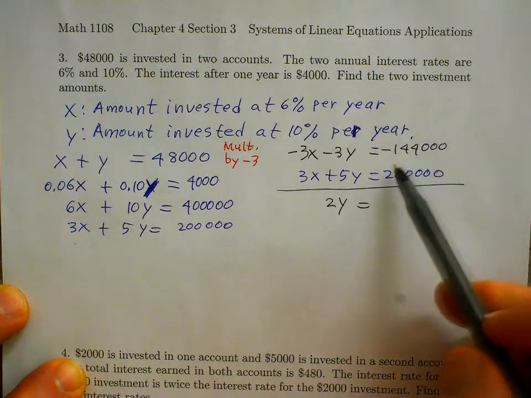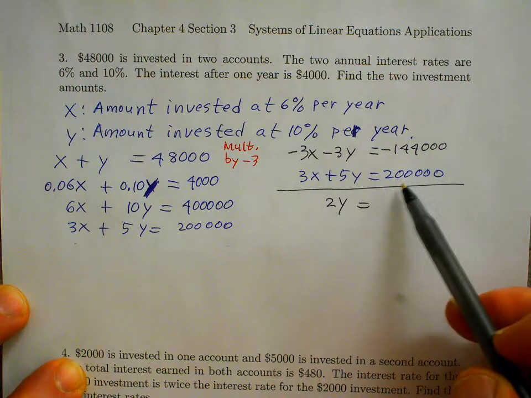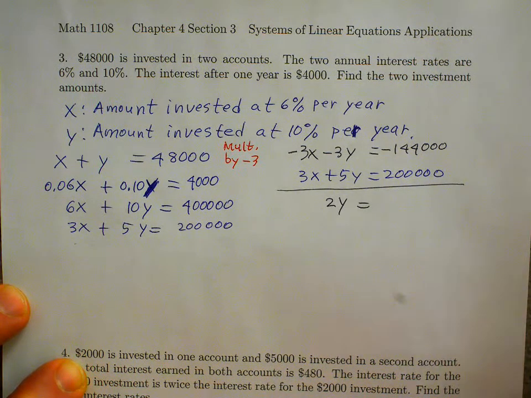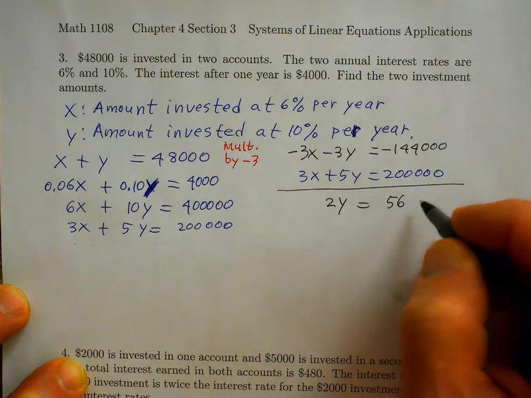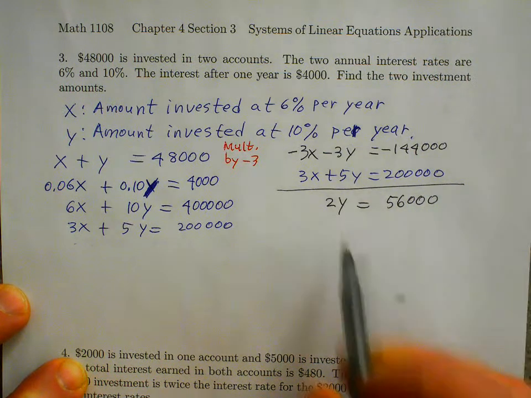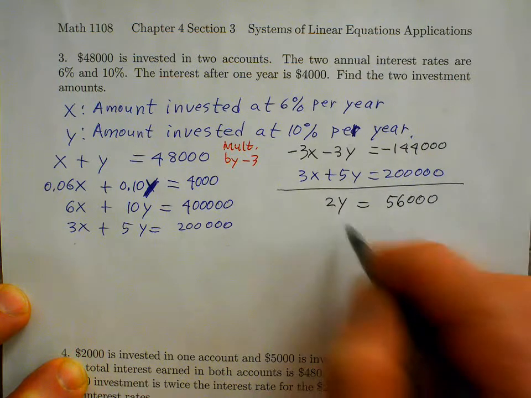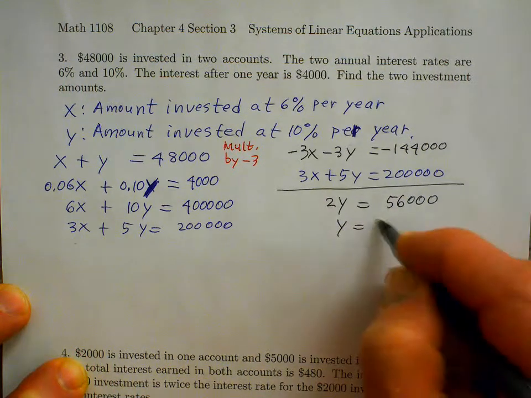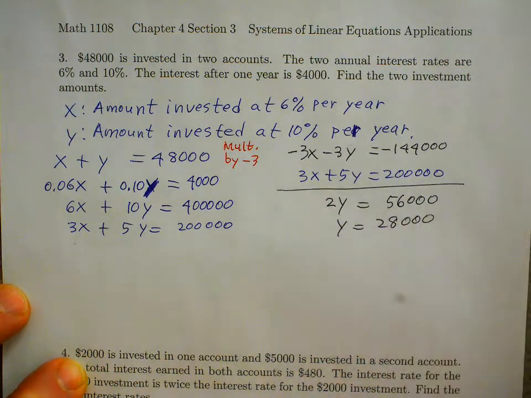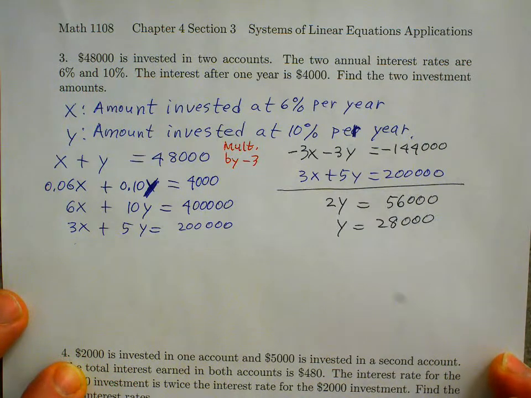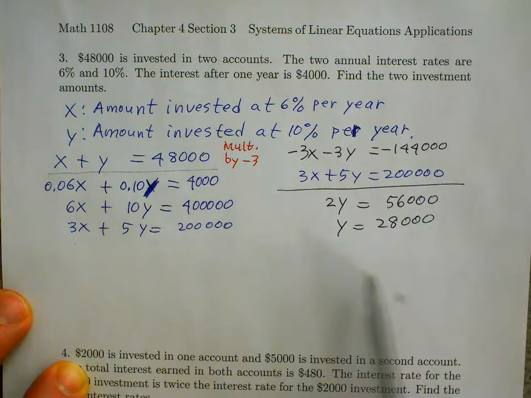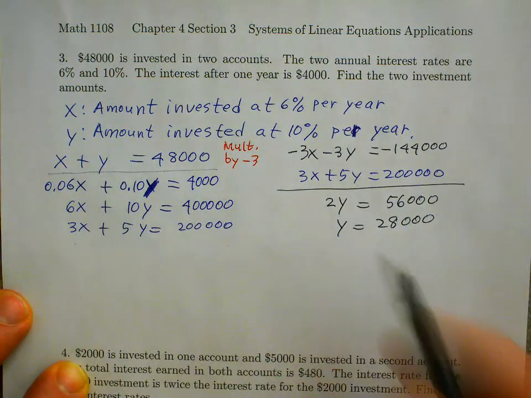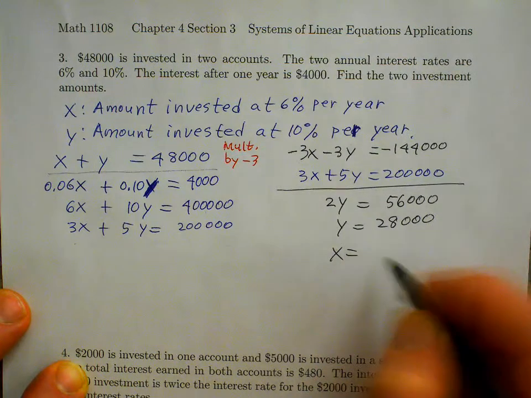And then -144,000 plus 200,000 is positive 56,000. And then divide both sides by 2, Y is 28,000. Okay, since the total amount invested is 48,000 and Y is 28,000, you can see that X is 20,000.